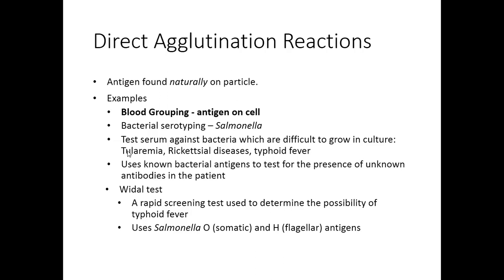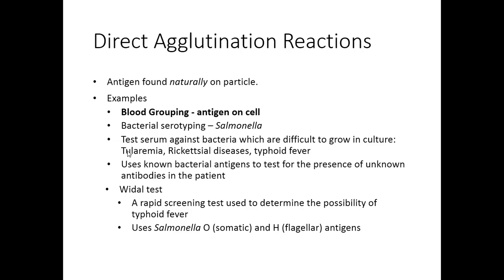We maybe can't grow a culture, but we can see if the patient was exposed by looking for antibody in their serum. We test the patient's antibody with known bacterial antigens to see if they've been exposed.